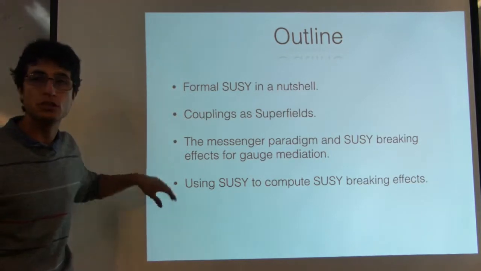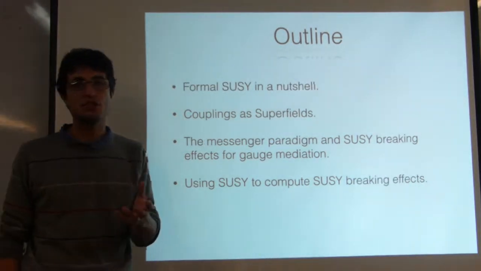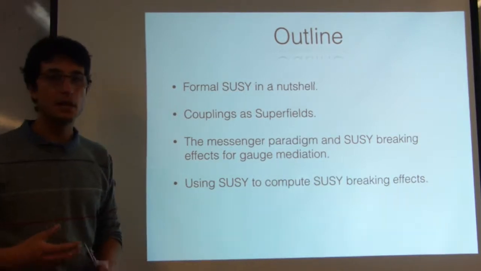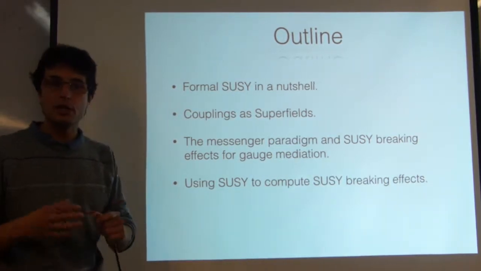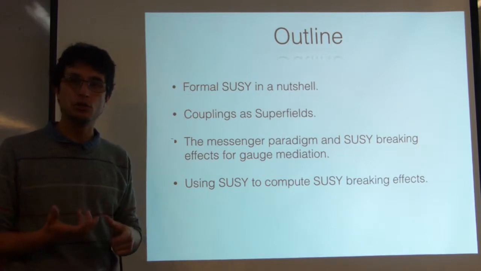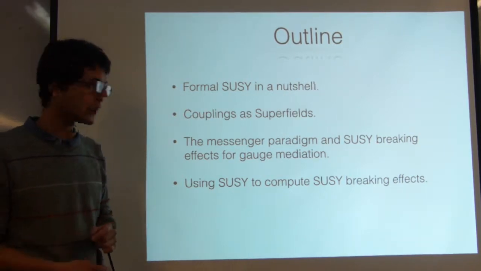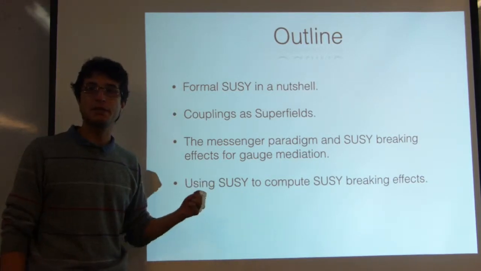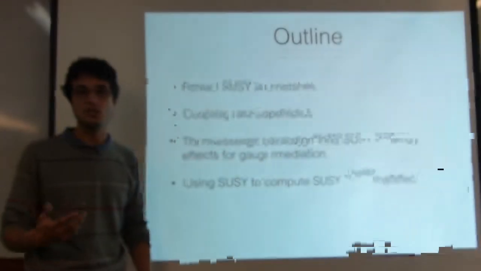Then I will introduce what we call the messenger paradigm in the context of gauge mediation, and we will see how, if you want to compute in the usual way the soft terms, you have to do very hard work. But then, if you use the supersymmetry techniques, we will see that it is usually easier.